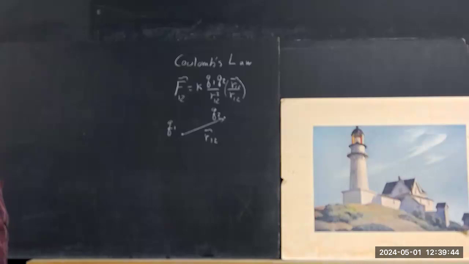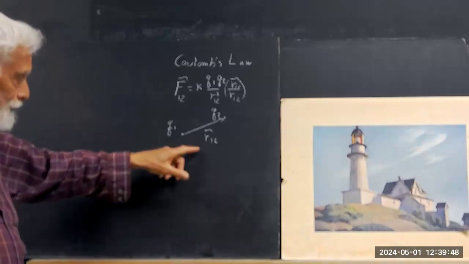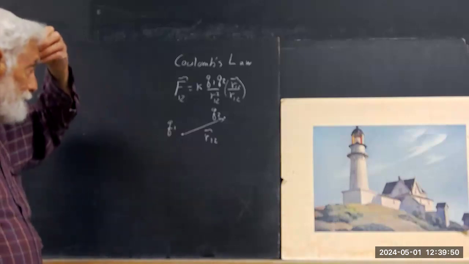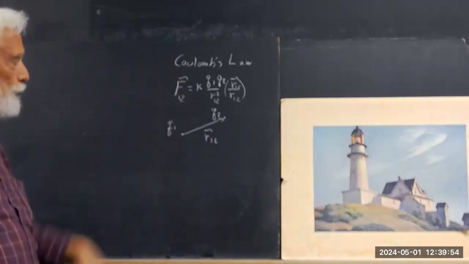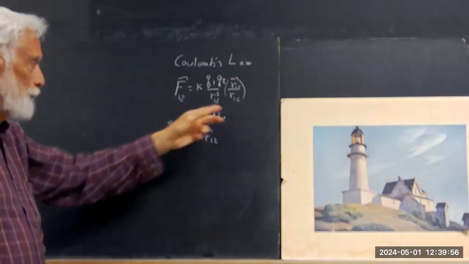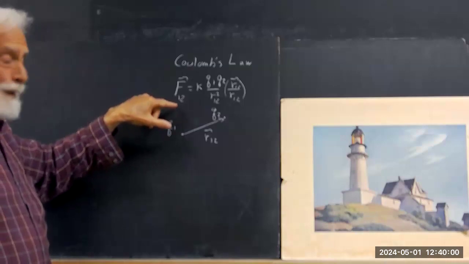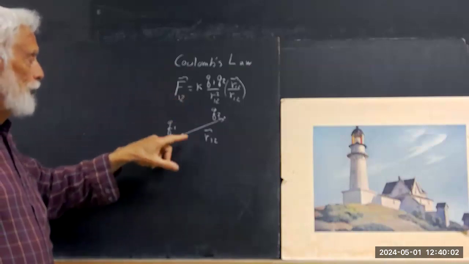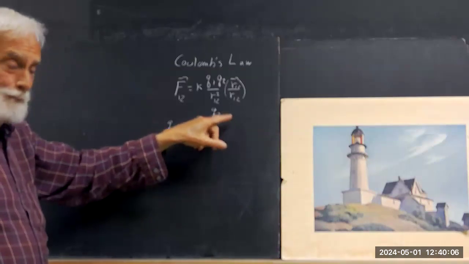Okay. And we write it in this form. Now, if F12 means the charge on one exerted by two, everything is backwards. So I'm going to use a convention that F12 is a force exerted from one on two. Okay.